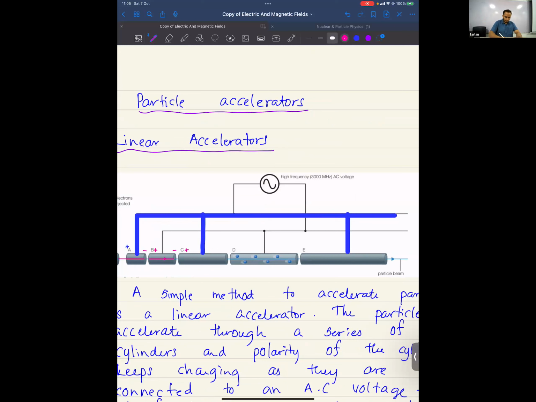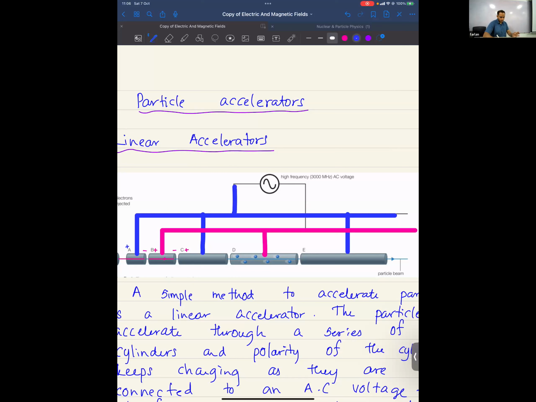Look at the other ones: B, D, and if there's another one after this, F, those are at one voltage. When A, C, E are positive, B, D, F will be negative. When A, C, E are negative, B, D, F will be positive. And that's how they are connected to the alternating current supplier.